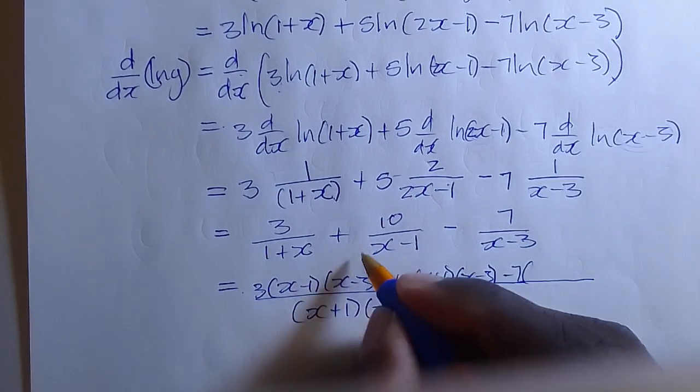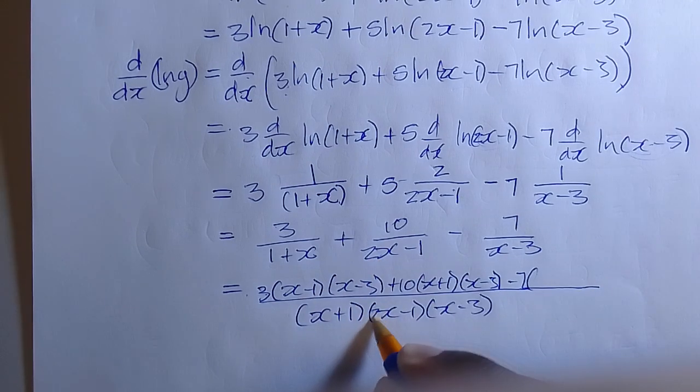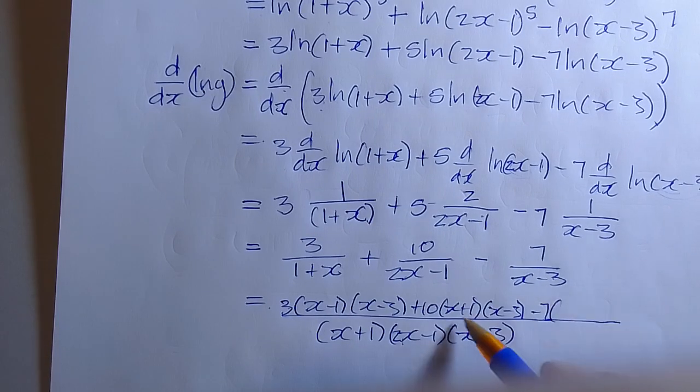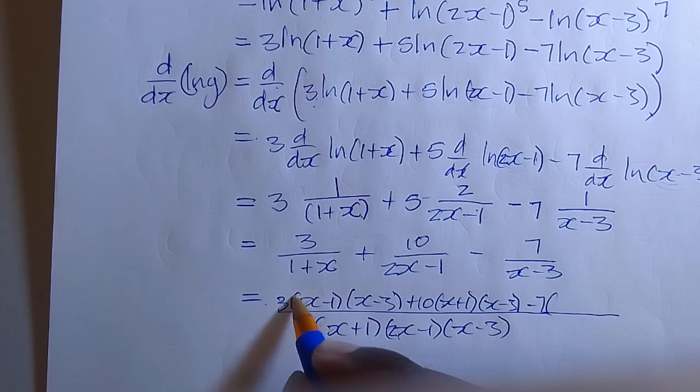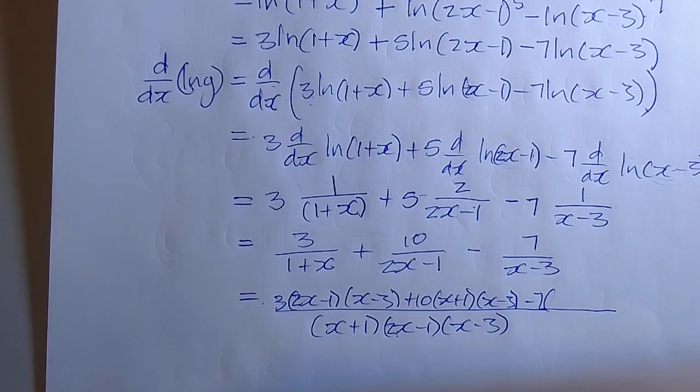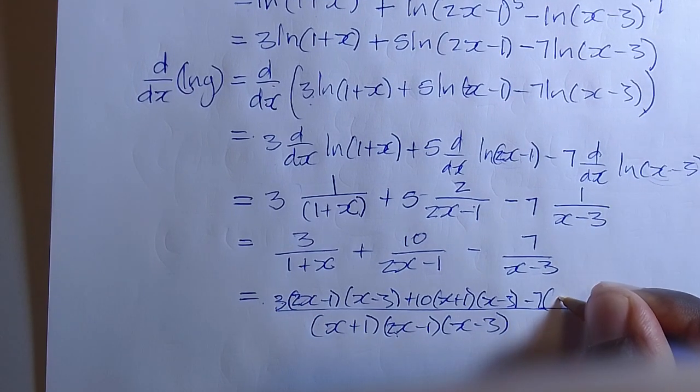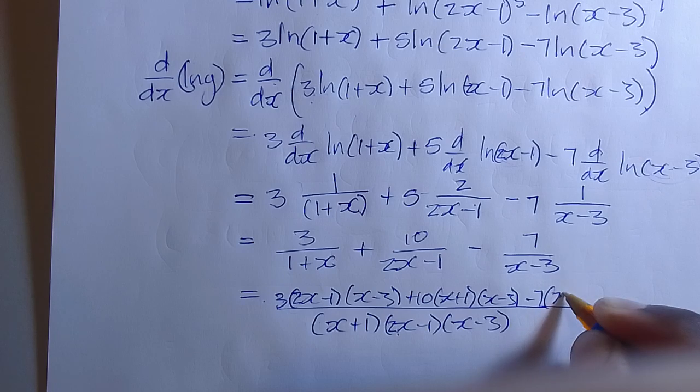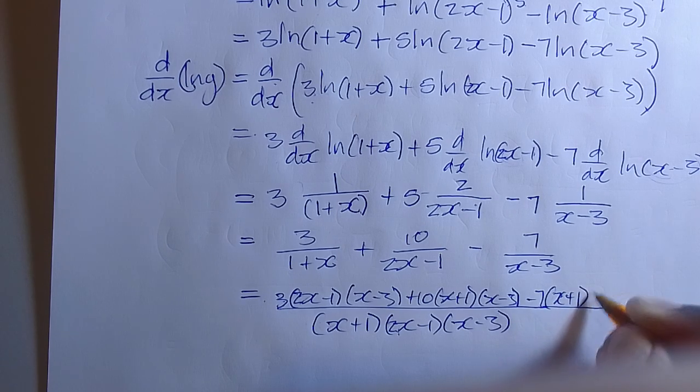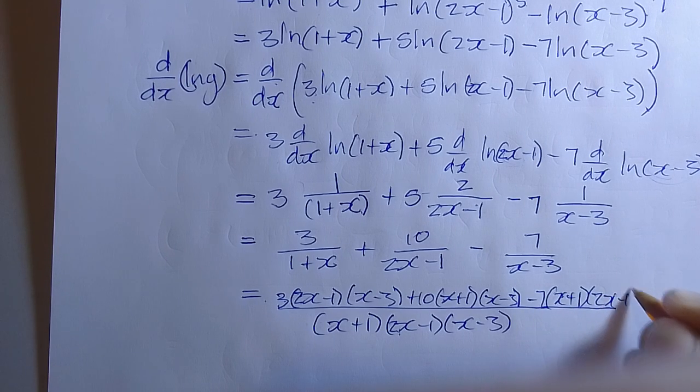So many mistakes. Okay, so this is 2x minus 1. This multiplied by x plus 1, 2x minus 1.